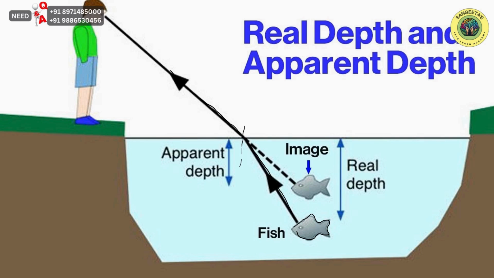Eyes actually see a straight line, so I will see a straight line from here till here. That means the actual fish will apparently look like it has got raised up out here. So the takeaway is that from here to here is the real depth, that is the actual fish. And this is the apparent depth. So this is the concept of real depth and apparent depth.